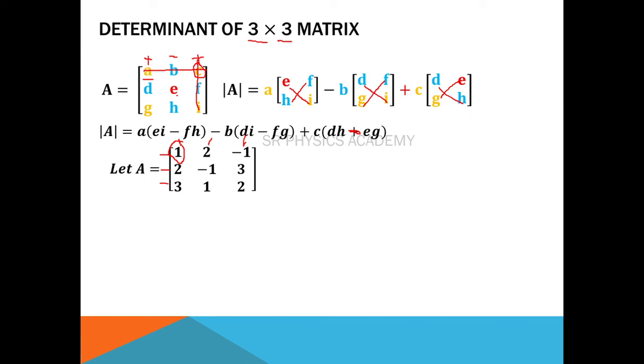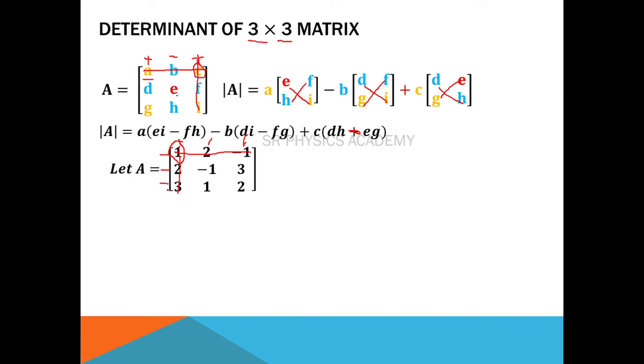So first row and first column, we assume we are cutting them. What remains becomes a 2 by 2 matrix, which comes from the elements remaining in the 3 by 3 matrix.